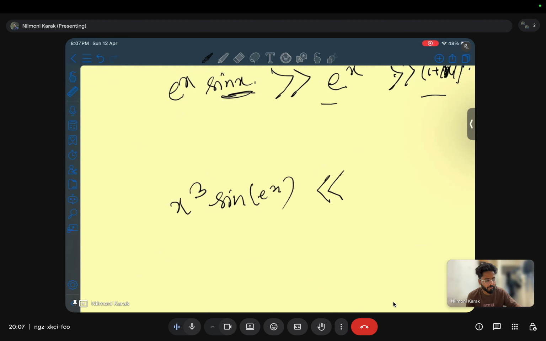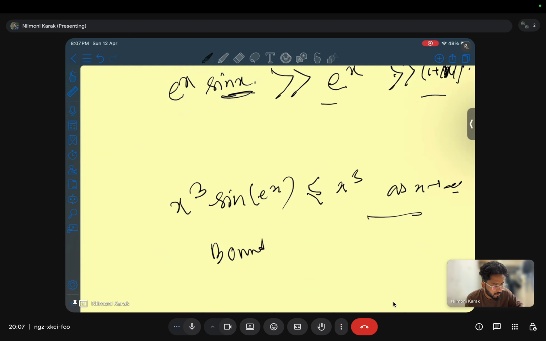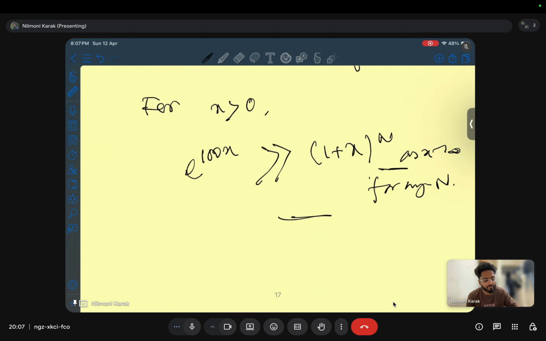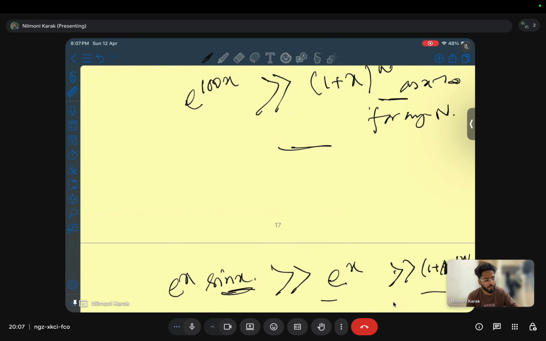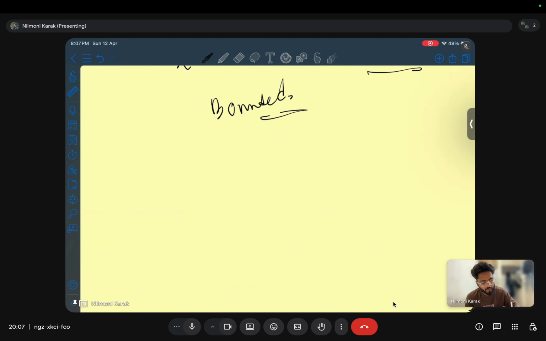This is polynomially bounded. So here this is true, and e to the power x delta naught.